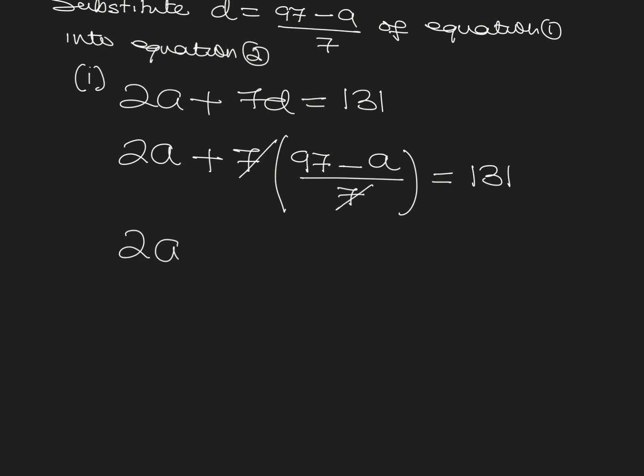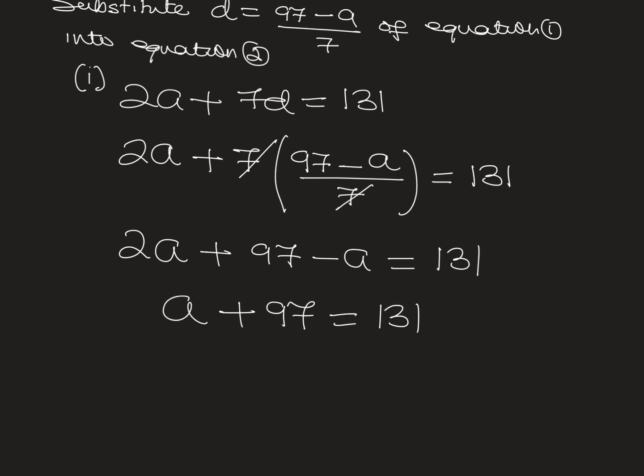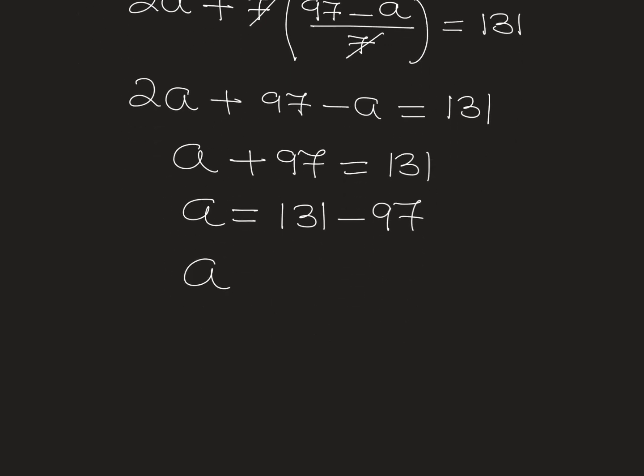So we will have 2a plus 97 minus a is equal to 131. So 2a minus a is a, plus 97 is equal to 131. So a is equal to 131 minus 97. So a is equal to 34. That is the answer.